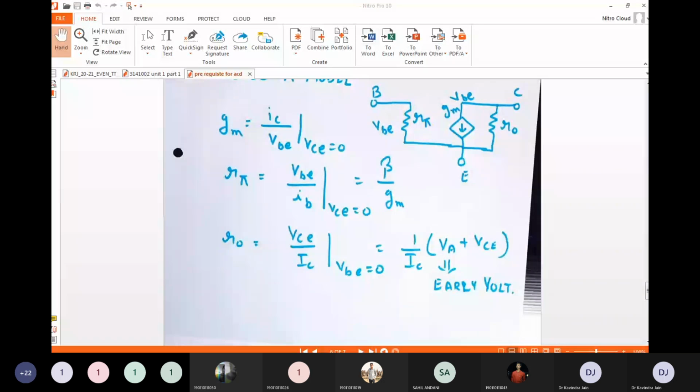The second parameter is r pi, which is commonly known as beta upon gm. The third parameter is output resistance, that is ro, which is equal to output voltage upon output current when input is constant.